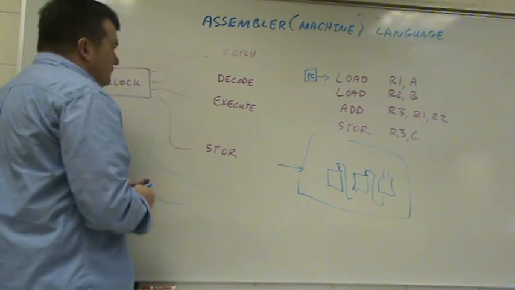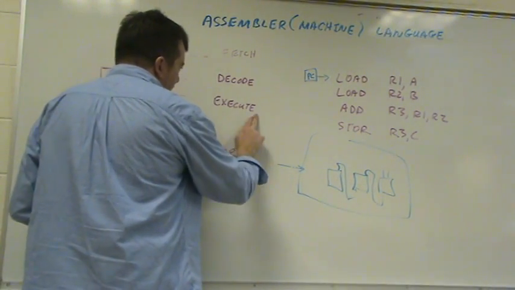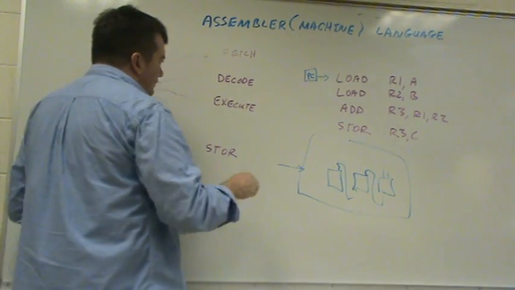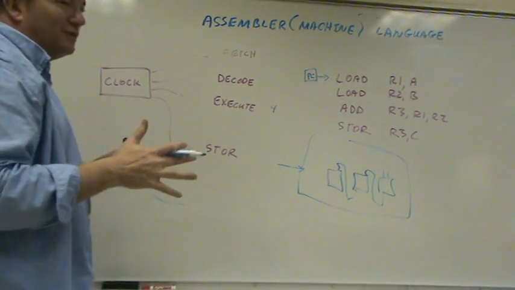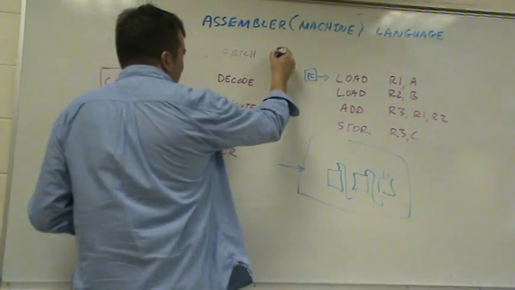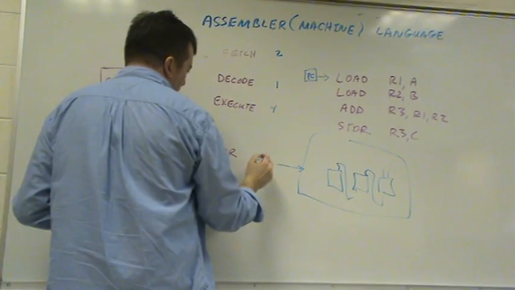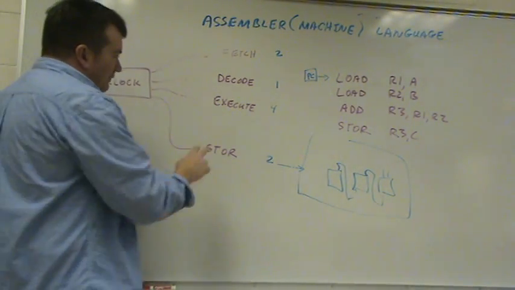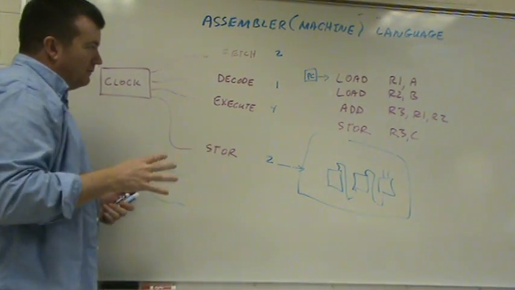So for example, not that there's a processor this slow, but let's say the hardest piece of hardware that we execute could take 4 units of time to do. I mean, this would be milliseconds. Let's say this takes 2 units of time to do. A decode only takes 1 unit of time, and a store could take 2 units of time. But your worst case scenario on an execute, let's say it was some big math operation, takes 4 units of time.